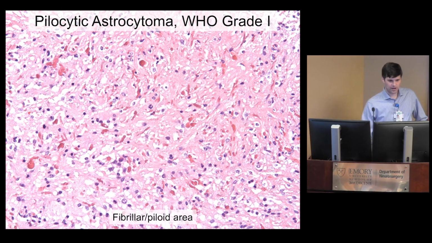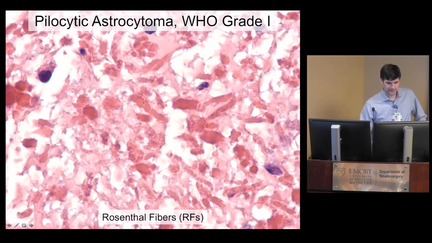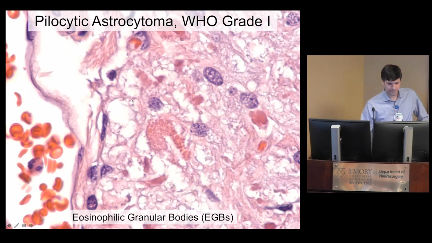So, higher power on the fibrillar or pilocytic area. Here's an area with a ton of Rosenthal fibers in it, all these pink corkscrew-looking things. And then at even higher power, the corkscrew is what's in the literature for this. I think this one looks a little bit more like a carrot, but your mileage may vary. The other thing that one would see in pilocytics and in other tumors in this general category a lot are eosinophilic granular bodies.